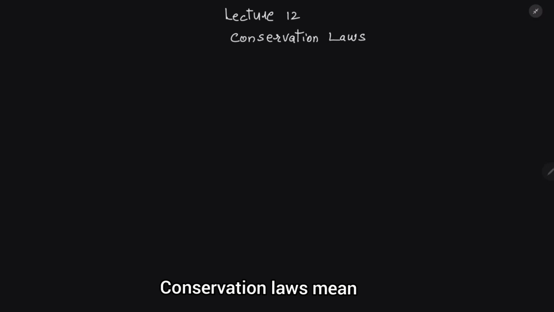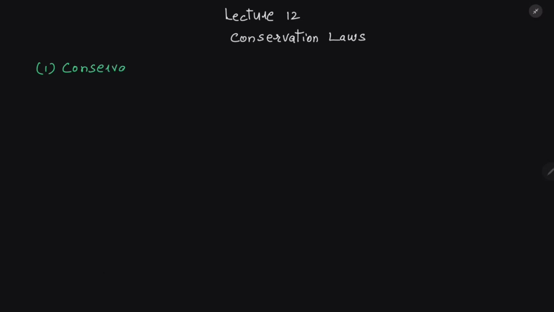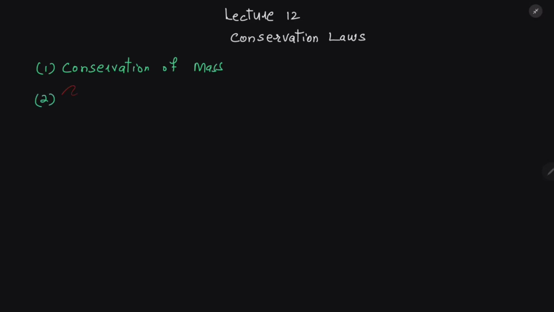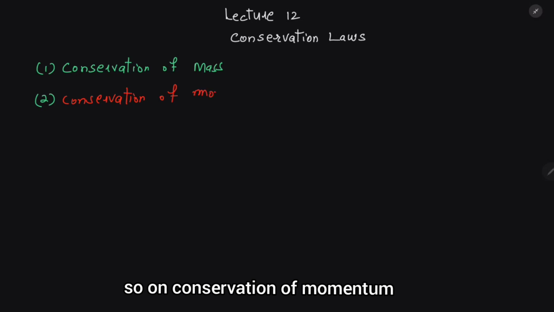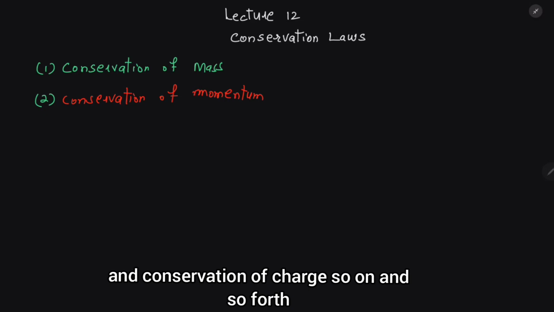Conservation laws mean that we are talking about conservation of mass, conservation of momentum, and so on, conservation of energy and conservation of charge, and so on and so forth.